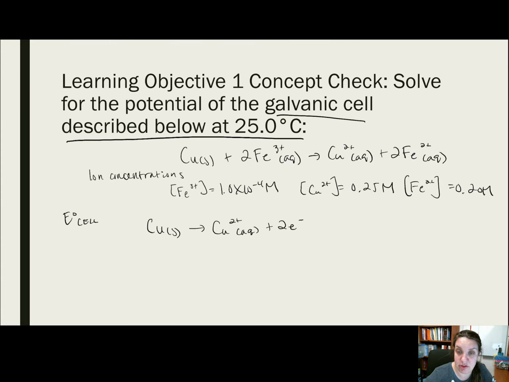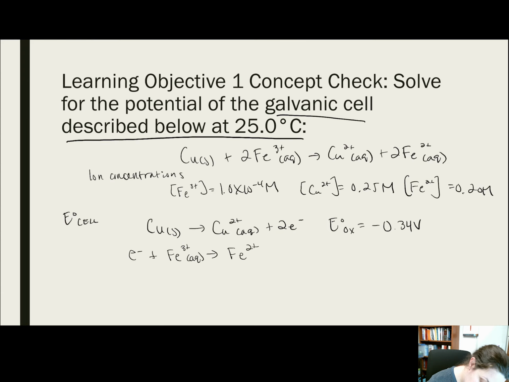So the oxidation of copper is equal to negative 0.34, the negative of the reduction potential, and then the reduction of our iron 3 plus to iron 2 plus has a reduction potential of 0.77 volts.